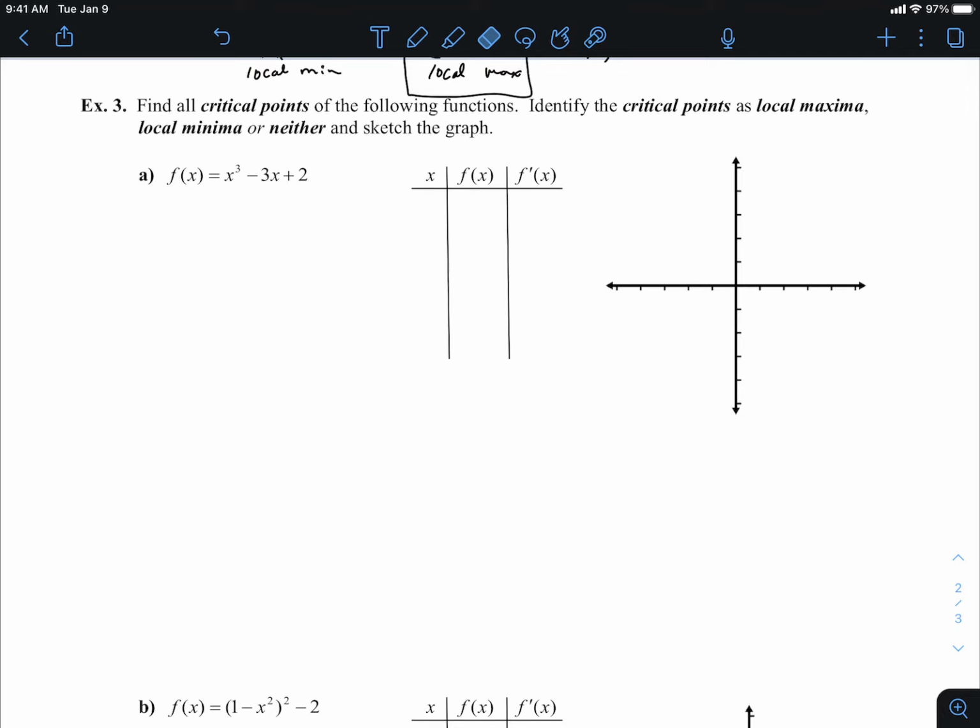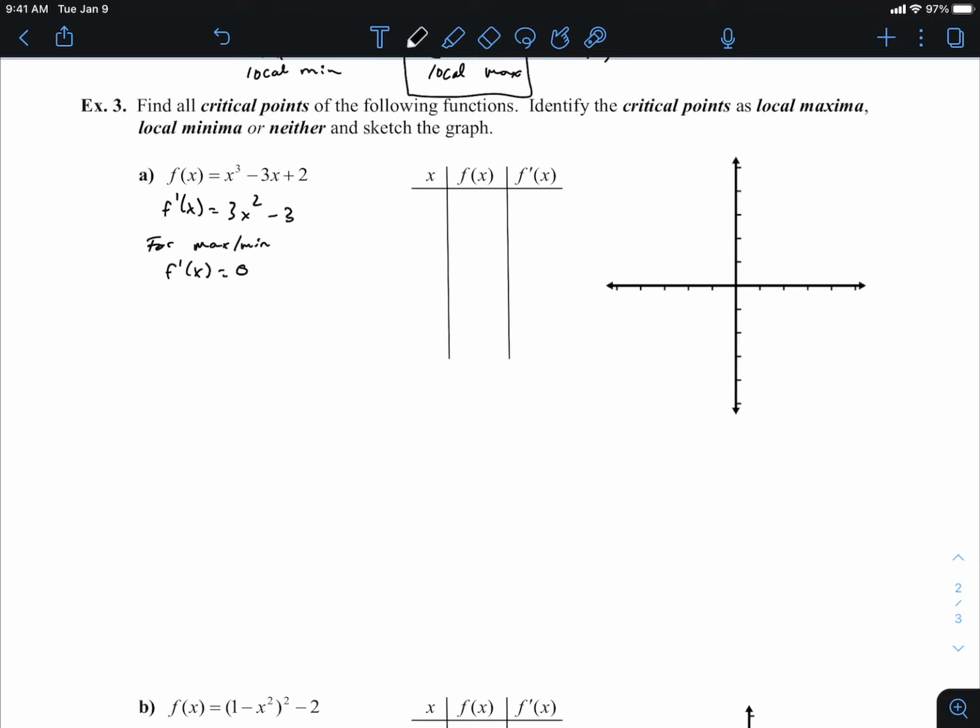So I'd say, okay, well, let's go: f prime of x is going to equal 3x squared minus 3. This is just going to be the power laws, right? And then we know for maximum and minimum values, we're going to set f prime of x equal to 0.